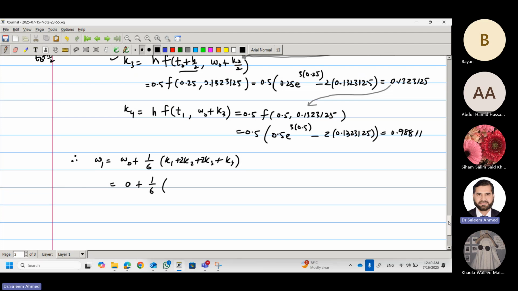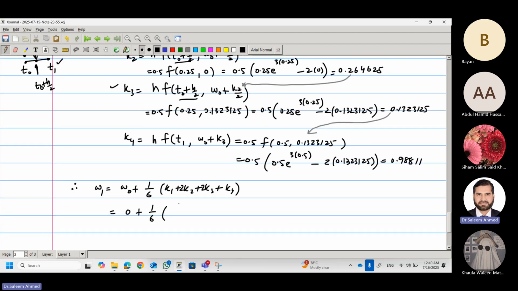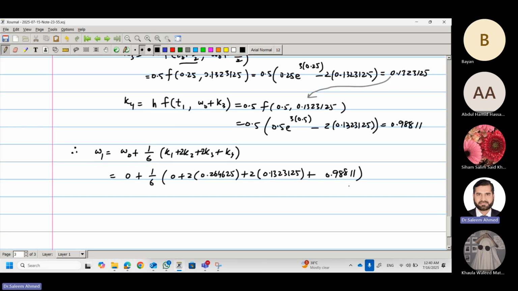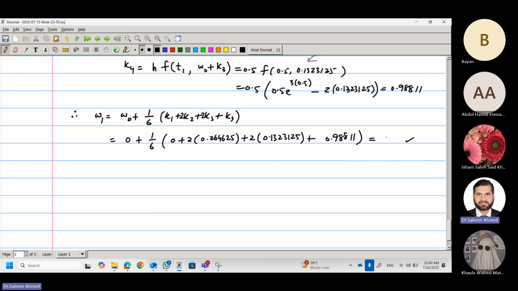K1 was 0, plus 2 into K2, which was 0.264625, plus 2 into K3, 0.1323125, plus K4, 0.98819. Okay, so this is your next step. So whatever you get, that's your W1. So in the Runge-Kutta method, even one step will take some time.